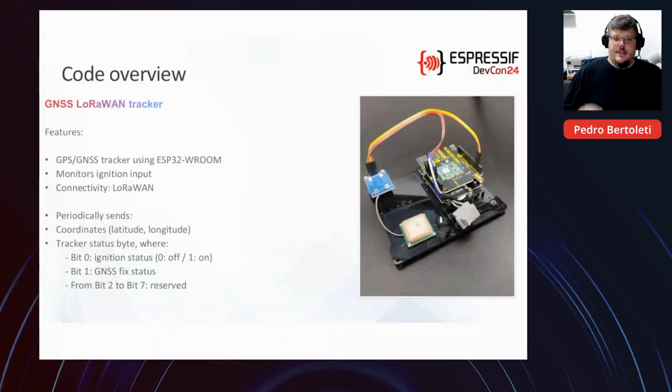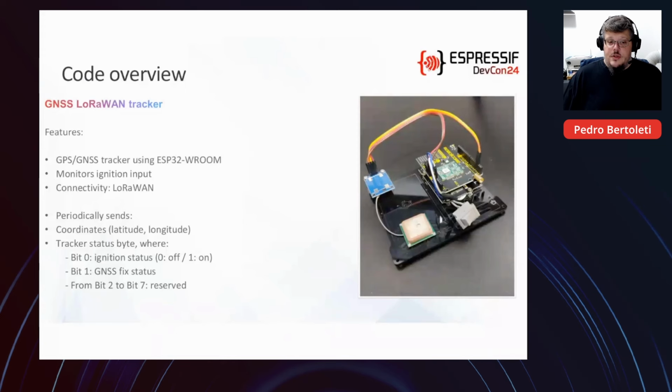So it simulates a vehicle: when you turn the vehicle on, it gets the ignition input, and when you turn it off, and so on. As connectivity, it uses LoRaWAN by using a LoRaWAN module manufactured by a smart modular manufacturer, controlled by AT commands using a UART interface. We'll see more about that a little later.